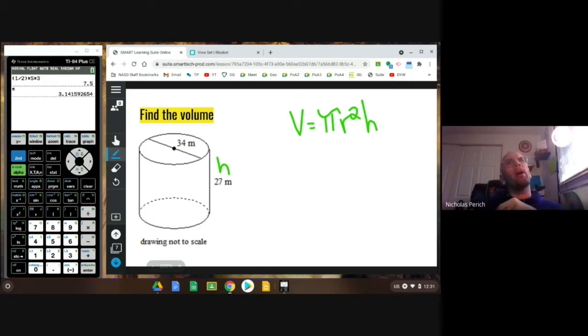Is 34 my r? Yes or no? Say it, type it. Is 34 r? No one's saying anything. 34 is my diameter because it covers the entire thing.